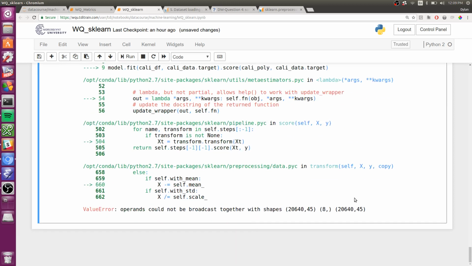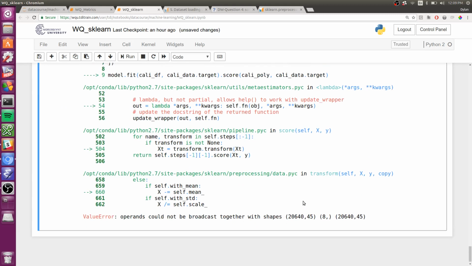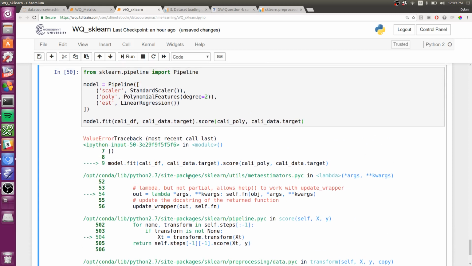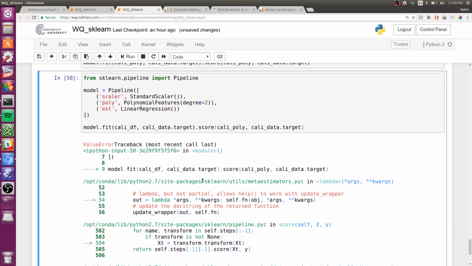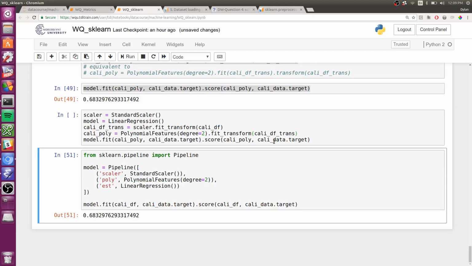And I get a value error because why? Operands could not be broadcast together with shapes. Cali DF. There we go.